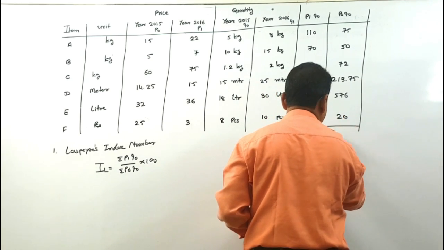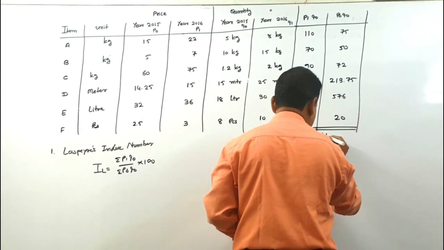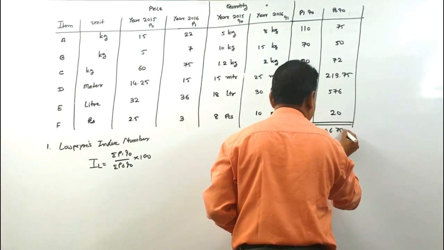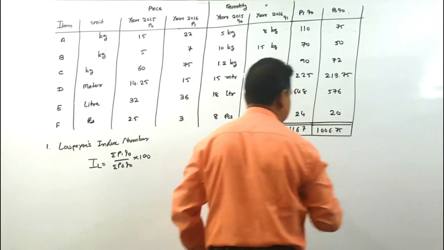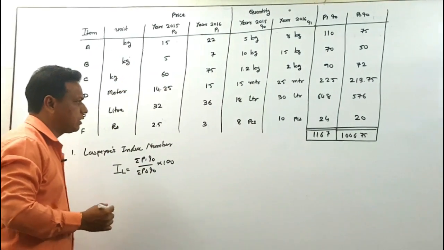Now get the total of this column, it becomes 1006.75. Okay, after getting this total, we are able to get our Laspeyres index number.